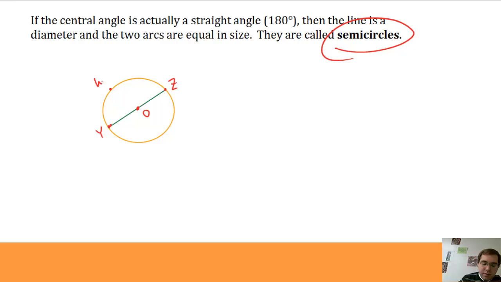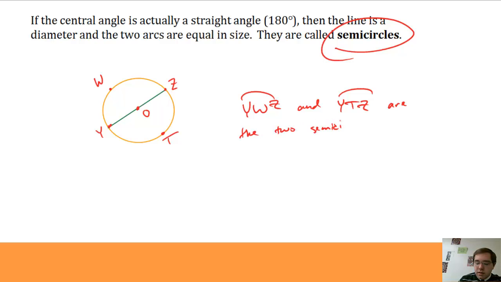So if I give myself a point W and a point, say, T, then I can say arc YWZ and arc YTZ are the two semicircles formed by diameter YZ, which is a segment, not an arc.